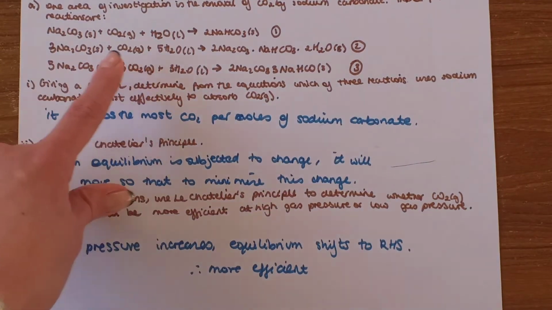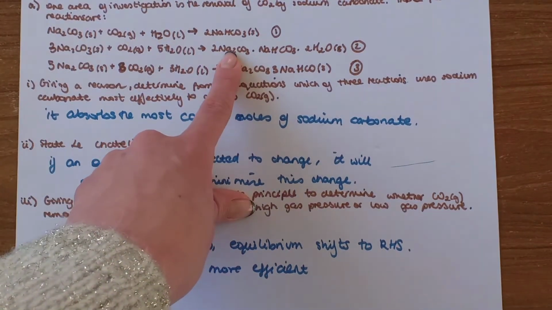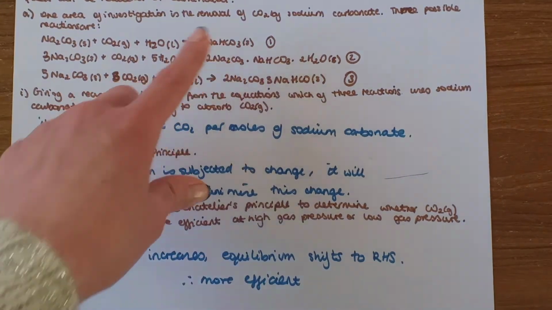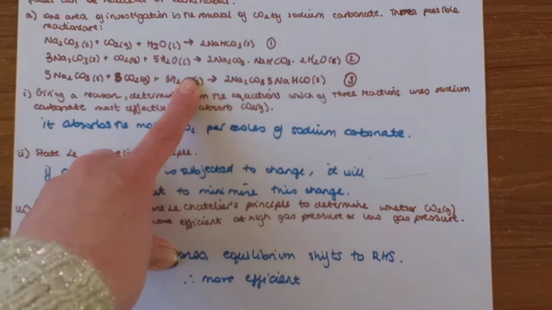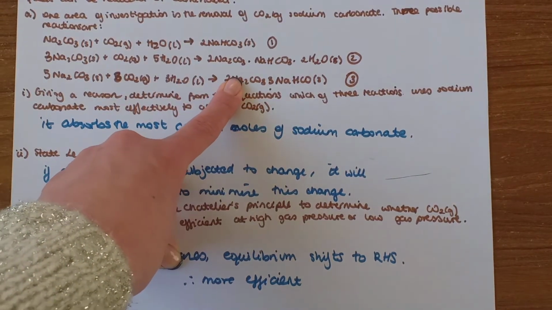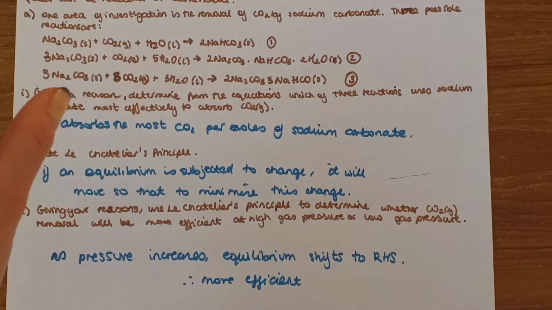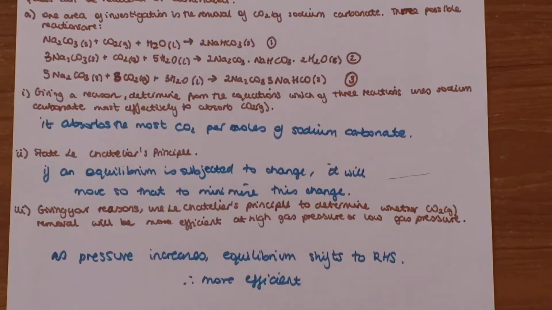We have 3, 6, 9 moles of the reactants and 2 moles of products are produced. So still reactants bigger than products. Now we've got 5, 8, 11 and 2 on this side. So all the time reactants have a bigger amount of moles than the products.